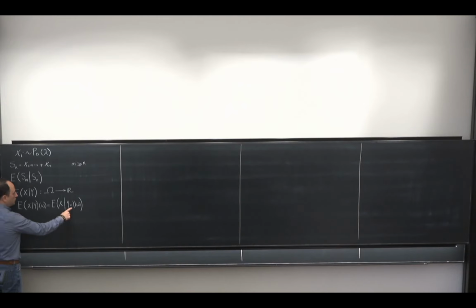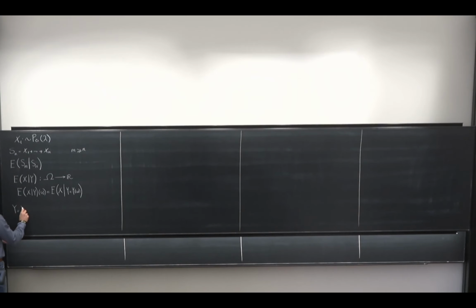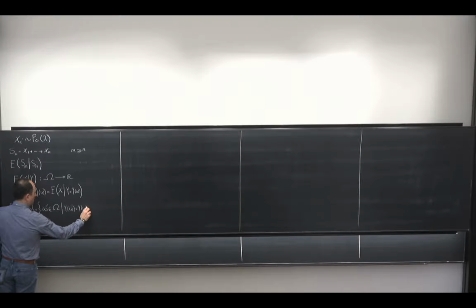And as usual, what is the meaning of this? If I ask you what this is, it's an event, so it's a set. But this is the abbreviation of writing what? Of writing the set of all omegas in omega, but because I have already used omega, let me put prime here, so that Y acting on omega prime is equal to Y acting on omega.